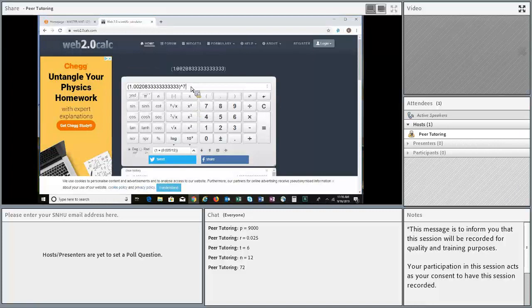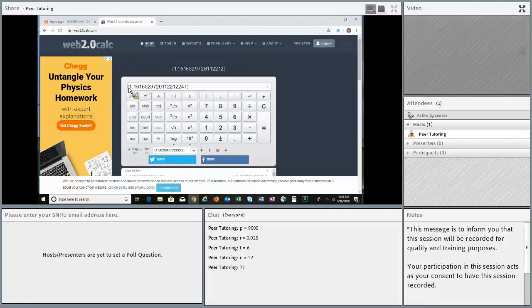The next thing I would do, if we're going step by step, is take that result and raise it to the 72nd power. This is the result we got when we added 1 plus 0.025 divided by 12, and now we're raising it to the 72nd power.